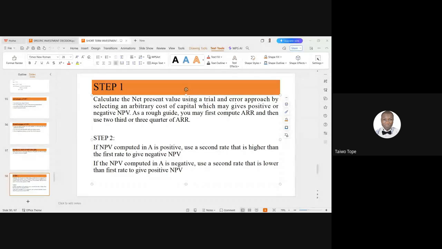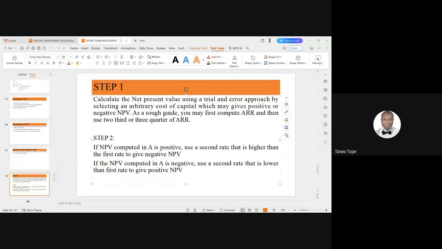For mutually exclusive projects, the decision rule is you accept any project with higher internal rate of return, provided that it is greater than the company's cost of capital.